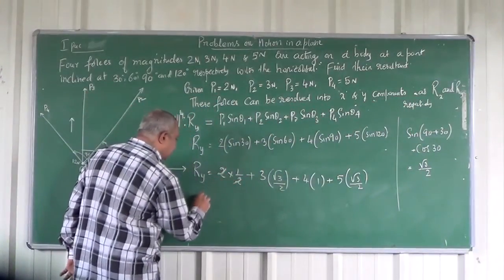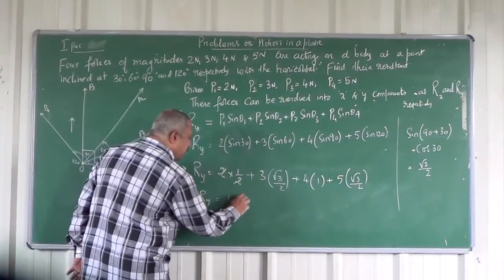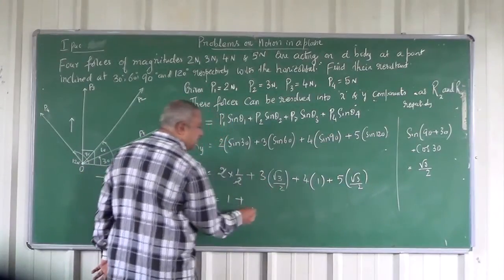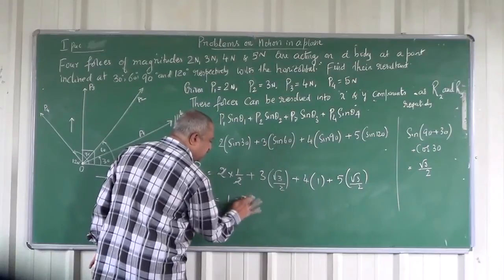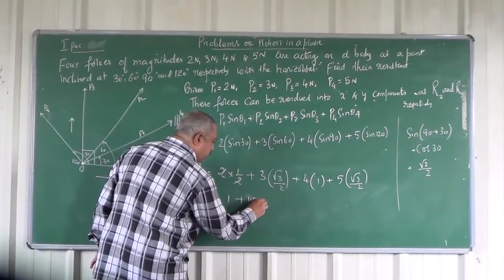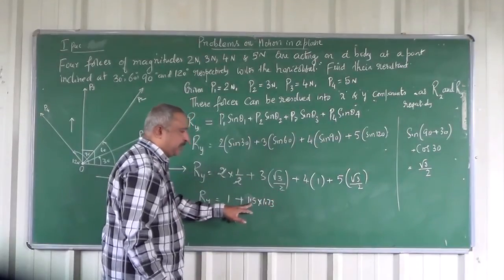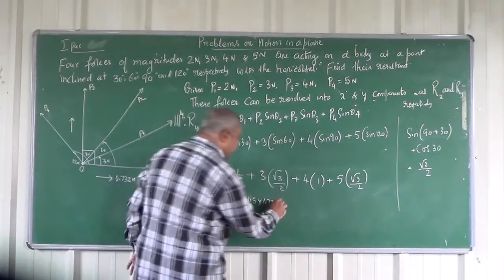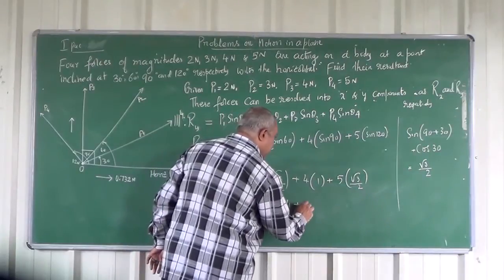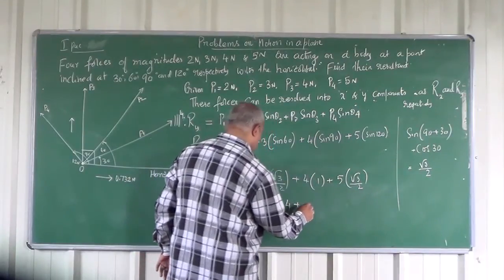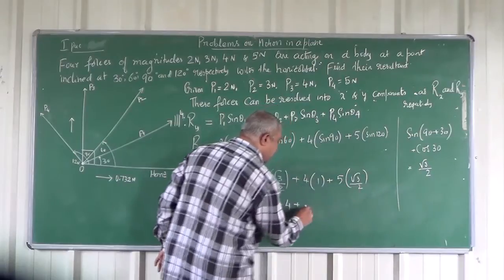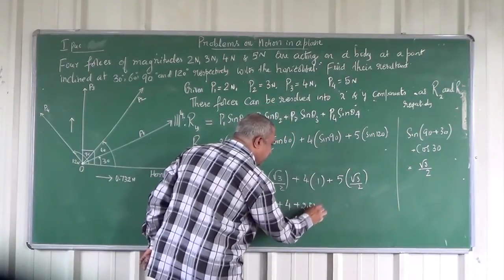We are now going to cancel. Ry equals 1 plus 1.5 into 1.73. You know 3 by 2 is how much? 1.5. 1.5 into root 3 is 1.73, plus 4, plus 5 by 2, which is 2.5, into 1.73.